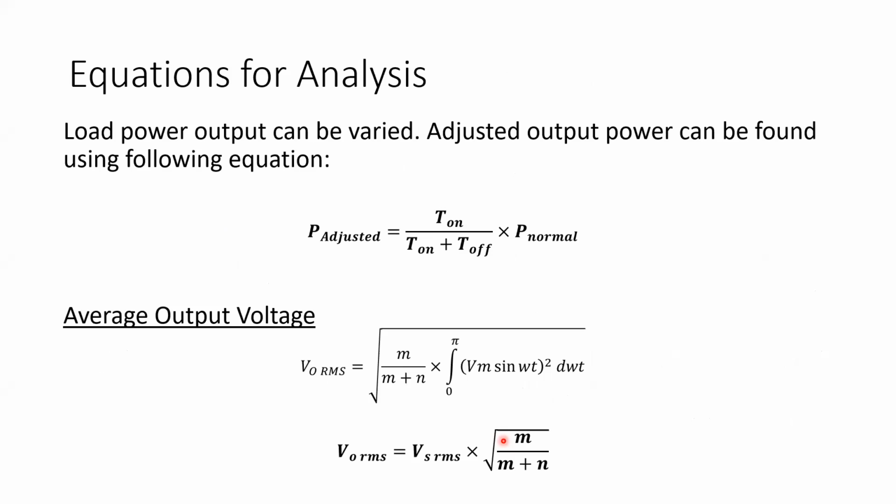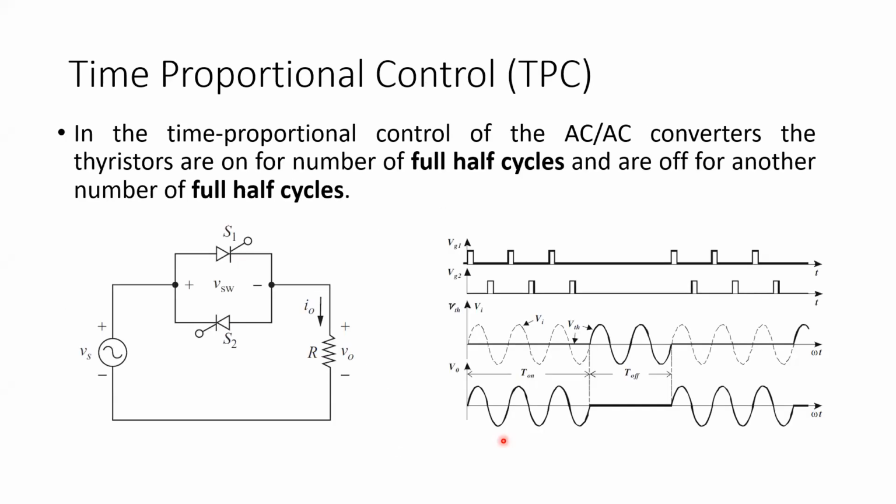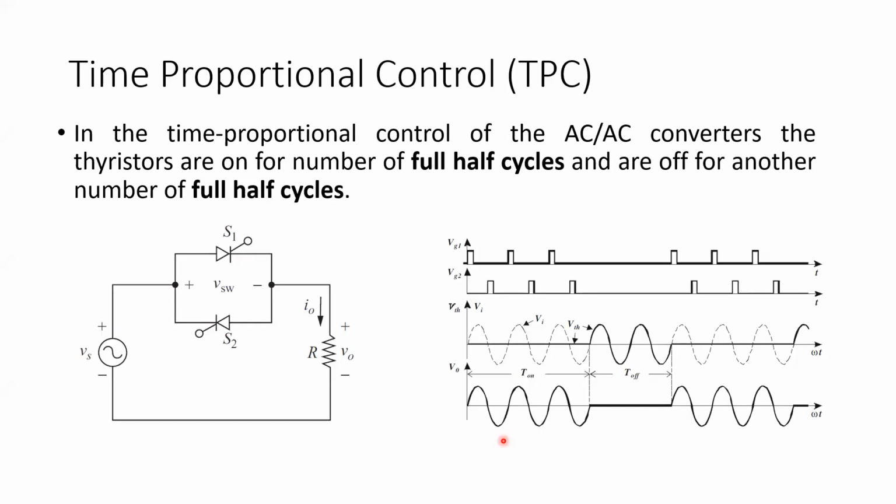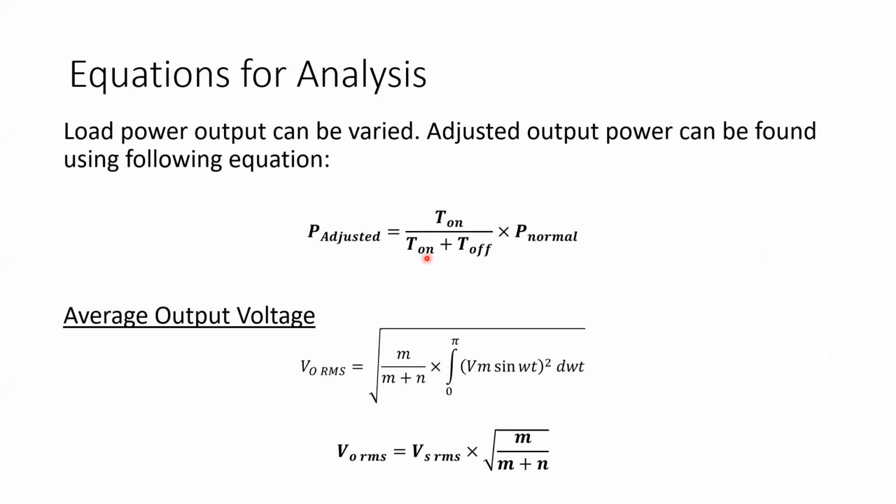We are going to discuss the equations we use for analysis of this time proportional control. In DC, T on over T on plus T off is called duty cycle, and we directly get the relationship between V out, duty cycle and V in.